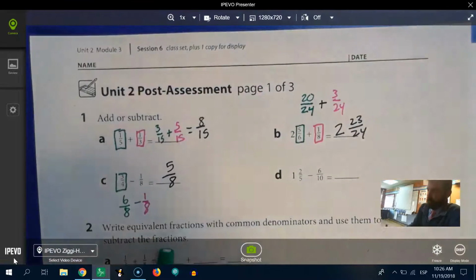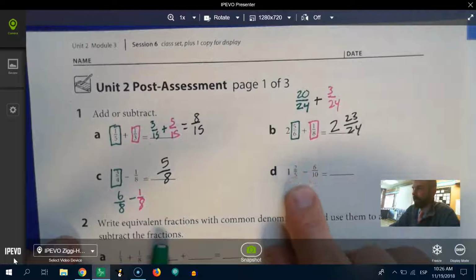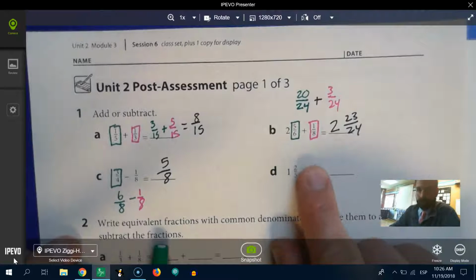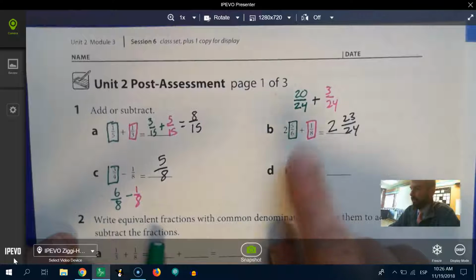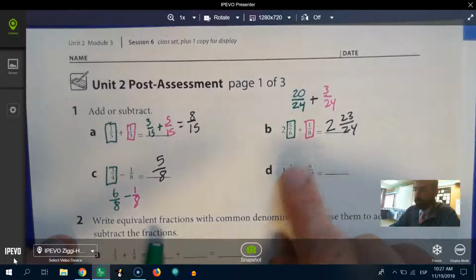And then here, 1 2/5 minus 6 tenths. Well, if I just do 2/5 minus 6/10, that's going to go into like negative town. So I'm going to have to try and figure out how to change this mixed number into an improper fraction.